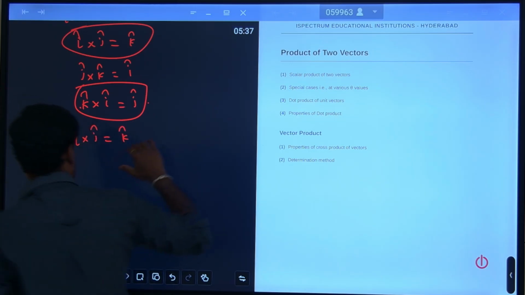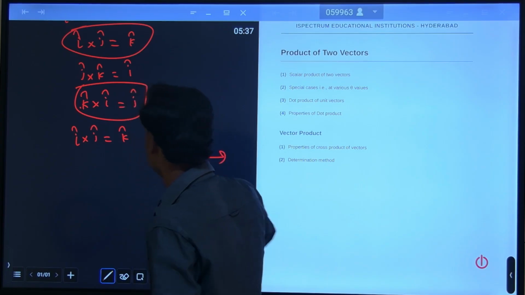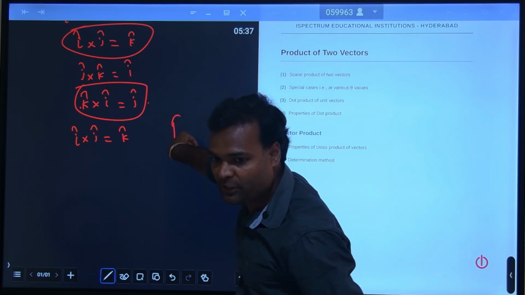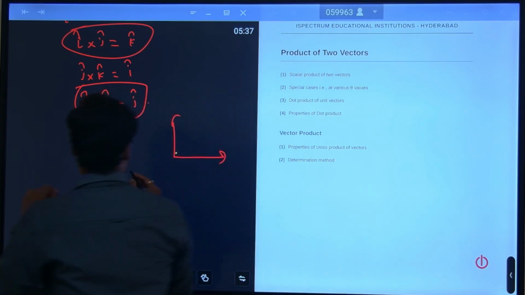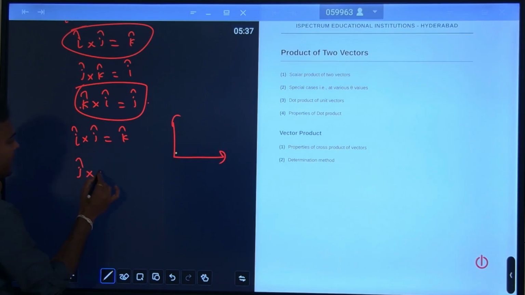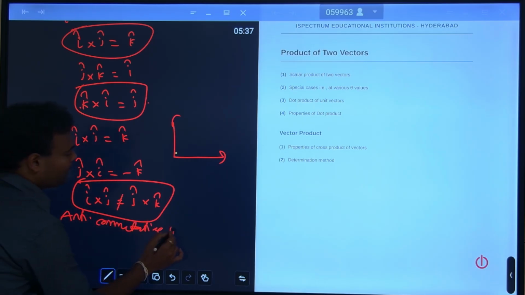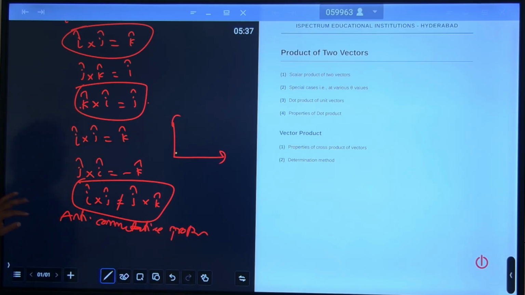But if I am rotating from j to i, then the thumb is pointing inside the board. That means j cross i is equal to minus k. So i cross j is not equal to j cross i. So this is called anti-commutative property.